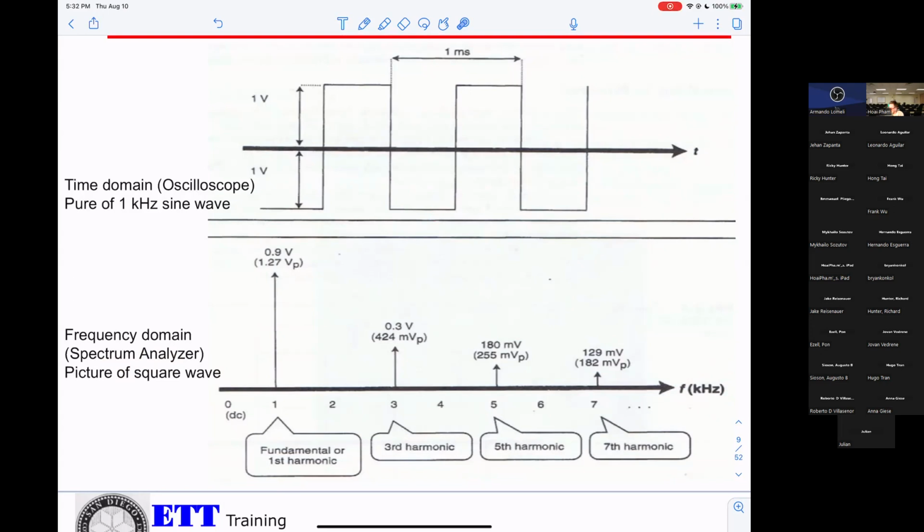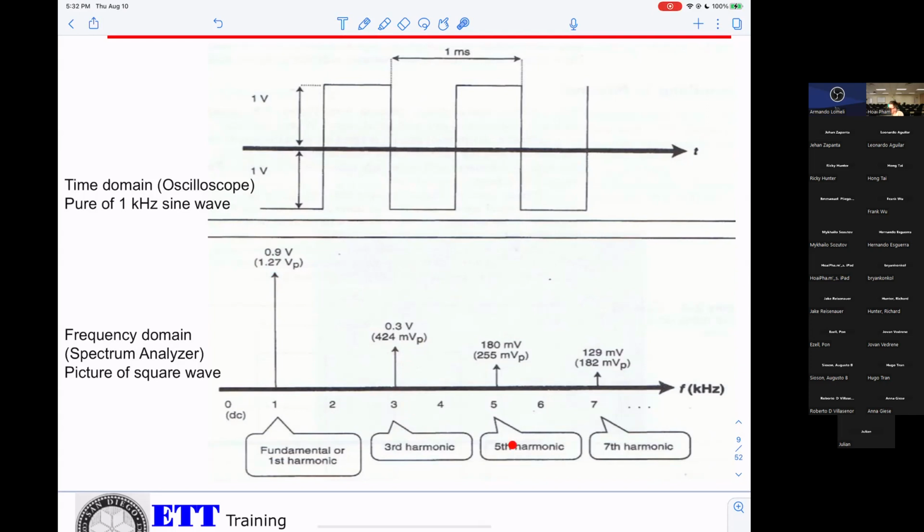If you're looking at the spectrum analyzer, you can see this is a fundamental frequency of 1 kilohertz. They're telling you 1.27 V peak. And then 3 kilohertz, the third harmonic, they're telling you you get 424 millivolts peak.